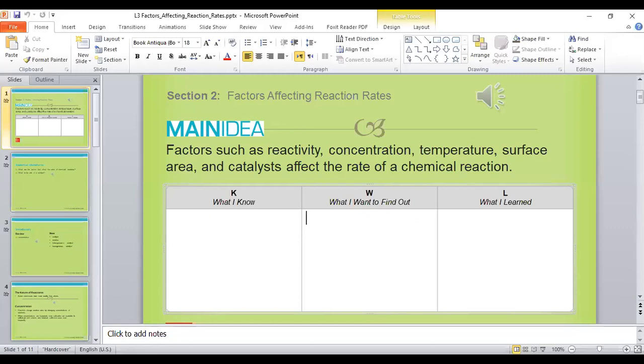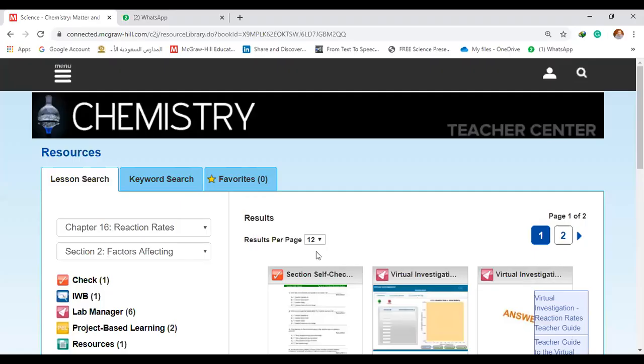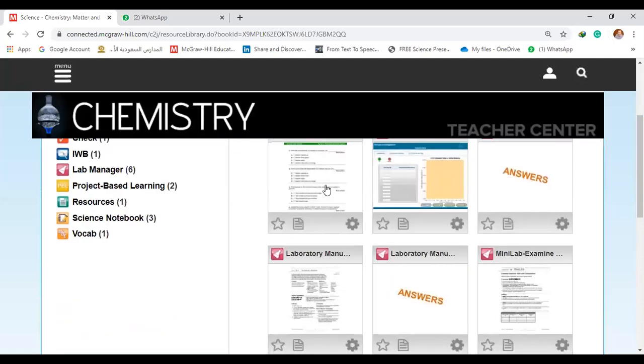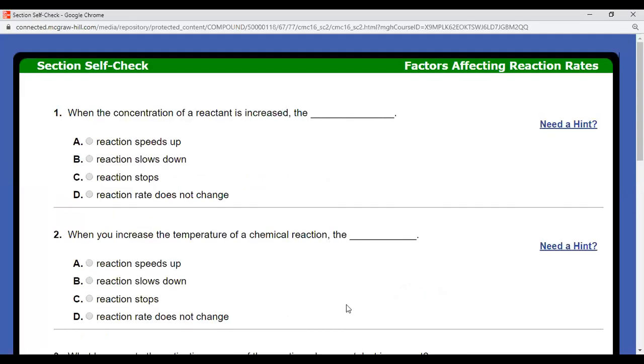We are going to move to our Mcgraw Hill site and solve this question. Can you solve the first one?